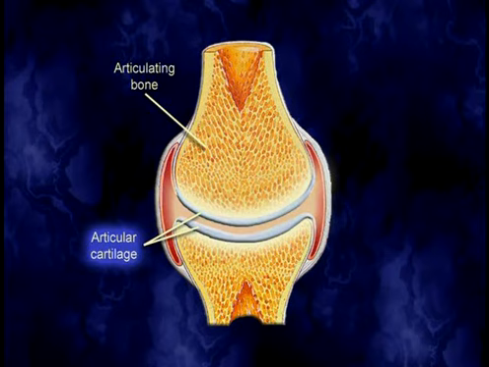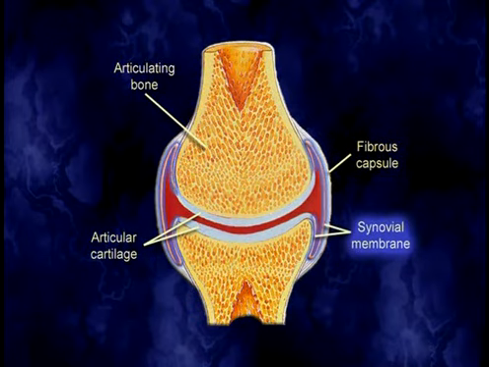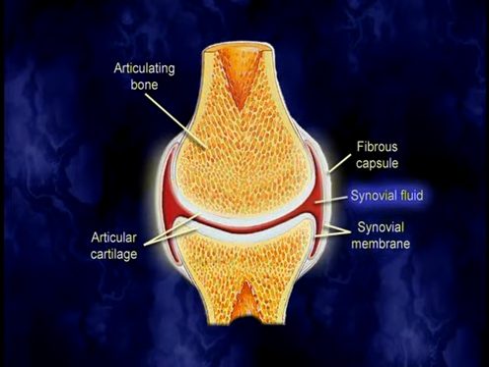On the outside, we have a fibrous capsule, which attaches to the bone. Inside, we have something called the synovial membrane, thin membrane like the visceral peritoneum. These synovia, or synovial membranes, secrete fluid and lubrication, synovial fluid, that can lubricate these bones.